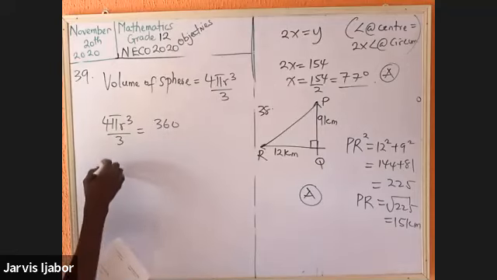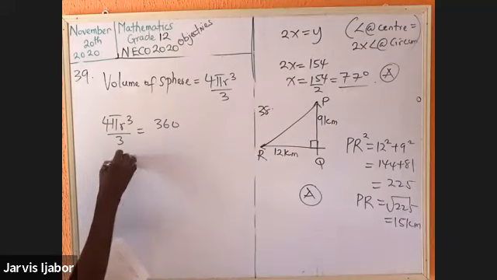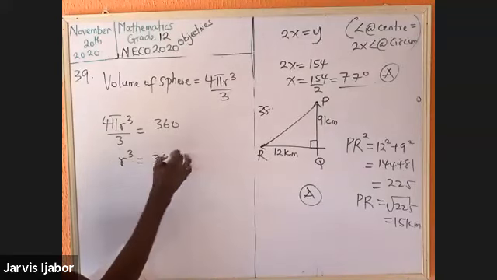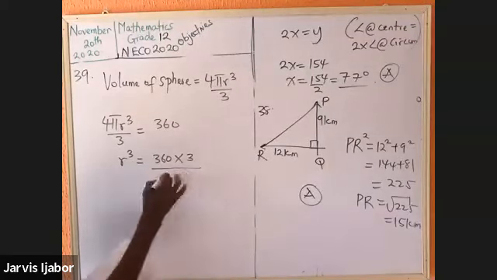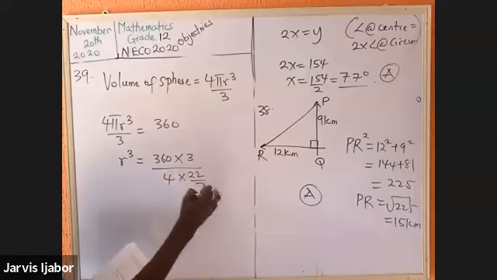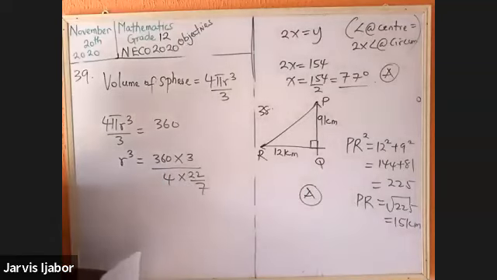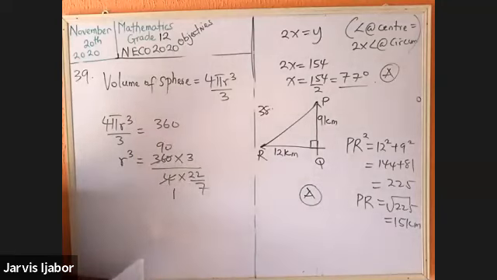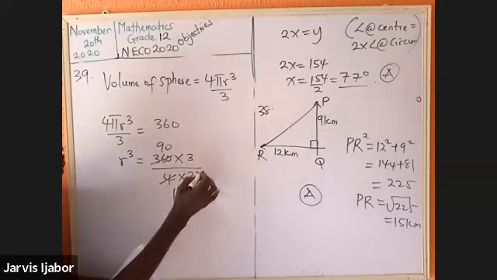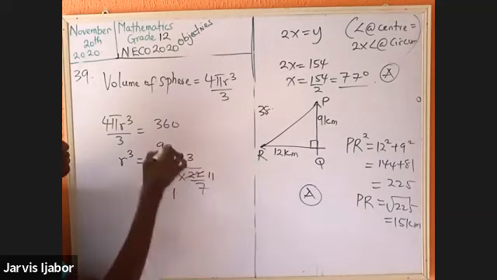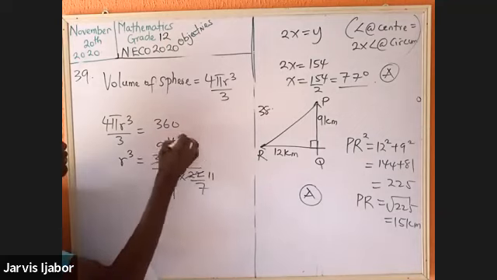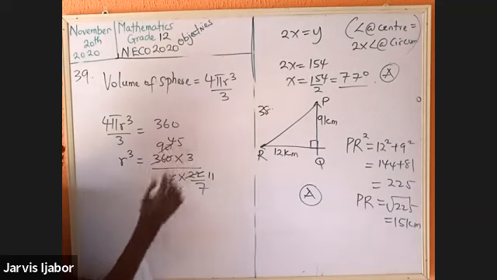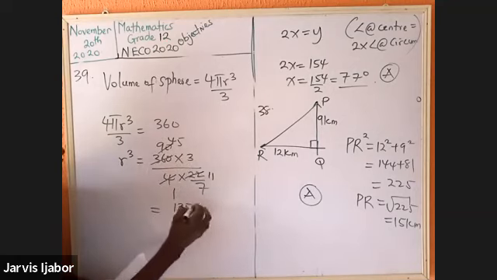So that means that r cube will be equal to 360 times 3 divided by 4 times 22 over 7. So we can cancel out 4 here, 1, 4 here, 90, 2 here 11, 2 here 45. So 45 times 3 will give me 135 times 7 over 11.